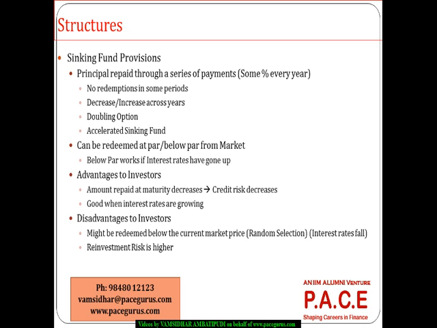So that's one more disadvantage that can come out of this sinking fund structure. But what we could see is in some cases it can create advantages to the investor, whereas in some cases it could be completely disadvantageous to the investor.